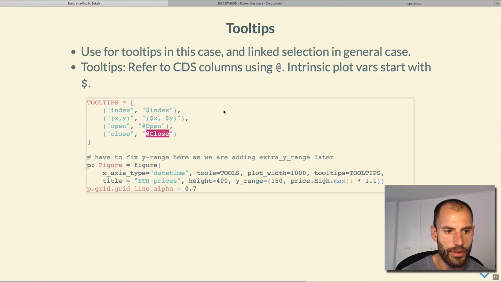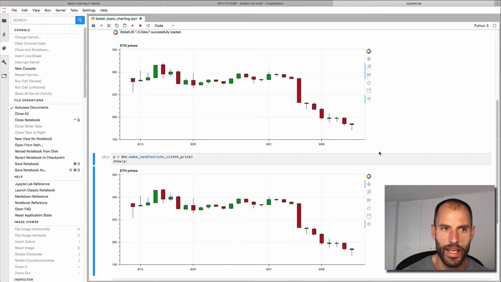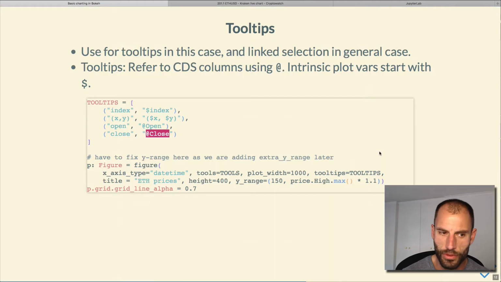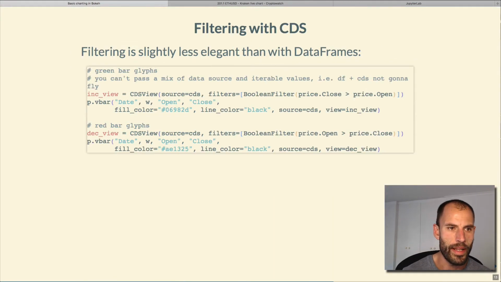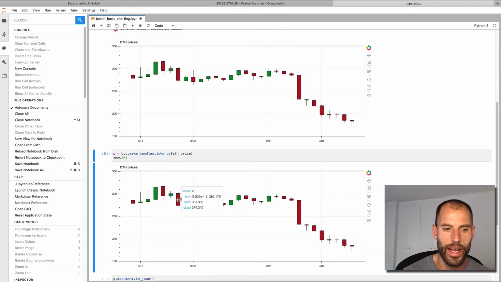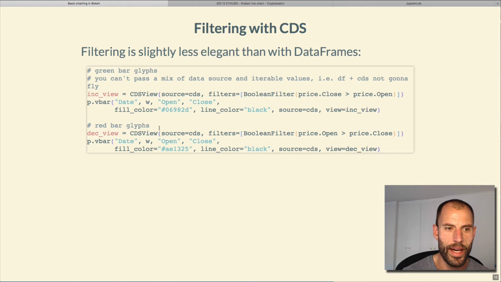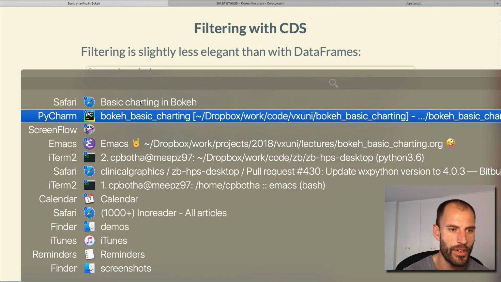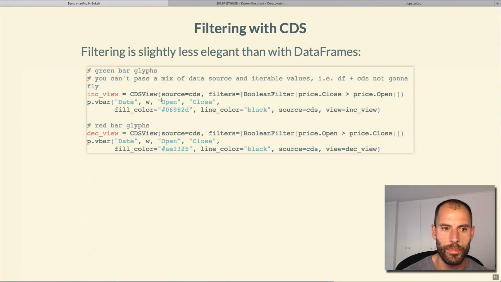Okay, so now there's a little extra complication, because now the question arises. I have tooltips now, which is great, but how do I do the filtering? Because I still want my red and my green bars, but unfortunately I can't mix data frame access like I did in the first example with a column data source access.